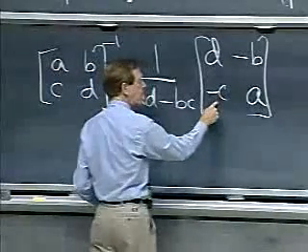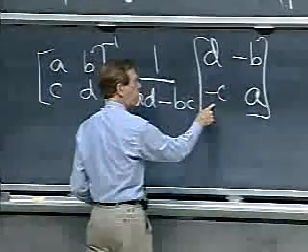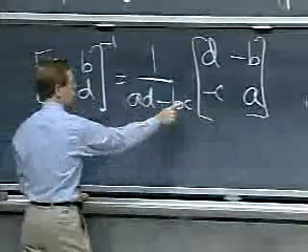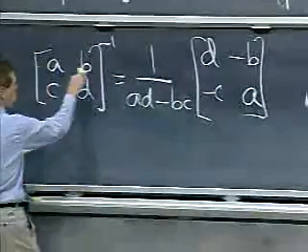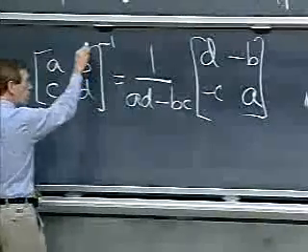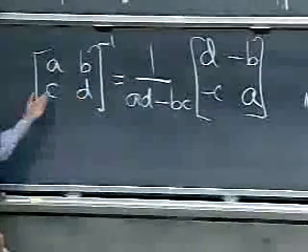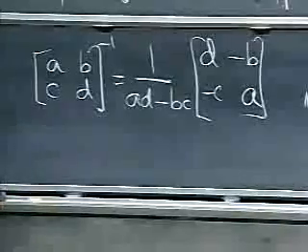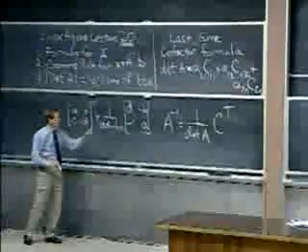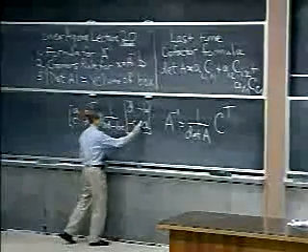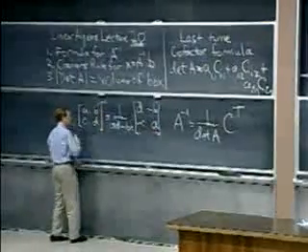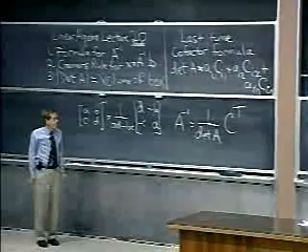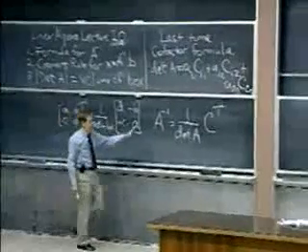This is the cofactor, not of this one, because I've transposed. This is the cofactor of the B. When I throw away the B row and the B column, I'm left with C, and then I have that minus sign again. And, of course, the 2, 2 entry is the cofactor of D, and that's this A. Okay, so there's the formula.